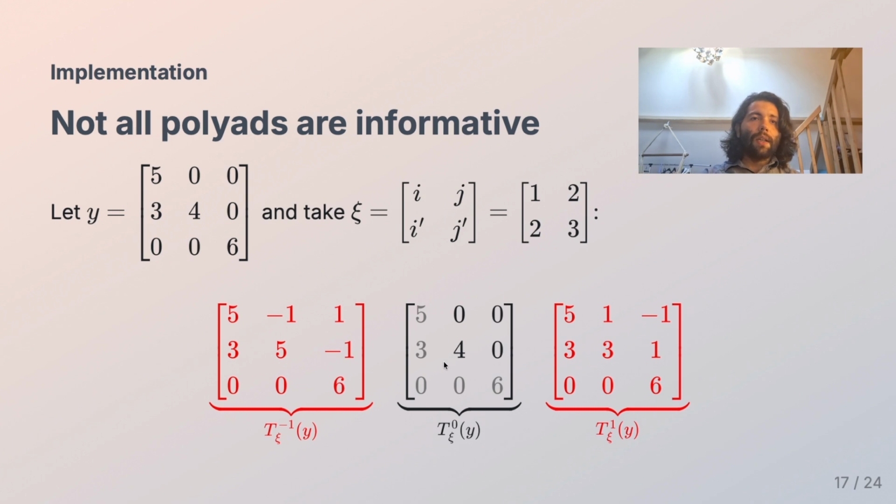And one can stop and think a bit about that, but it's quite easy to see that for a polyad to be non-informative, it suffices for the minimum of the entries associated with positive sign and the minimum of the entries associated with negative sign to be both 0, which is the case here. So we have here associated with the positive sign, 0 and 0.